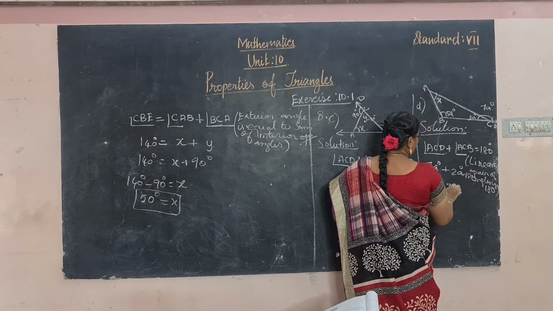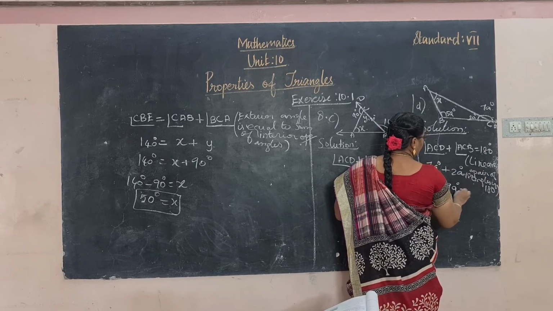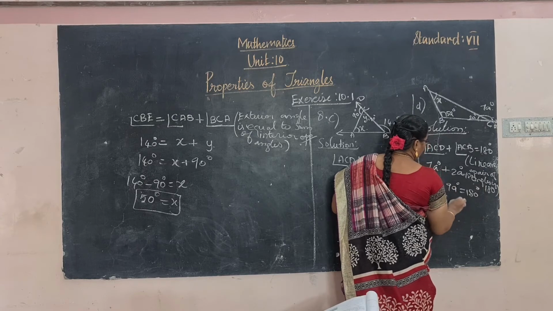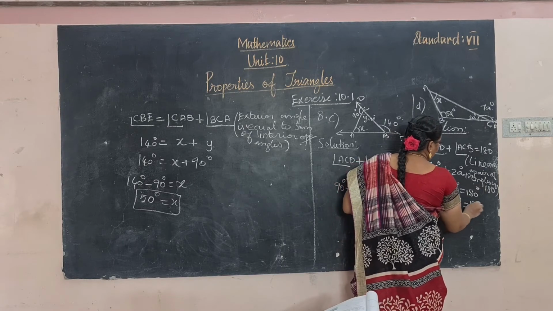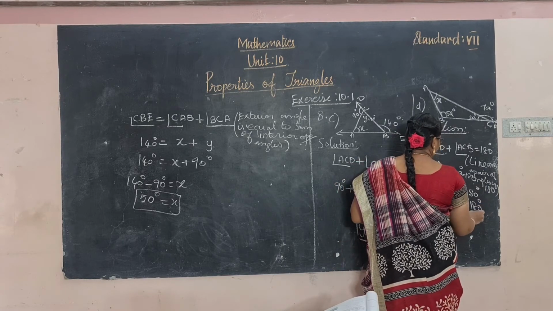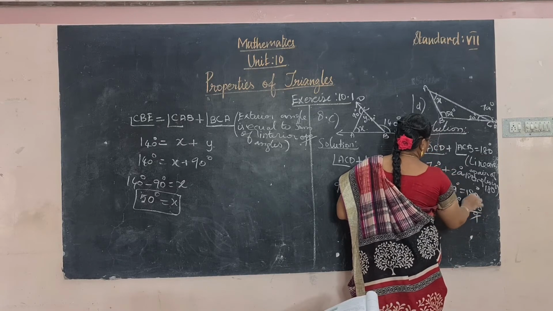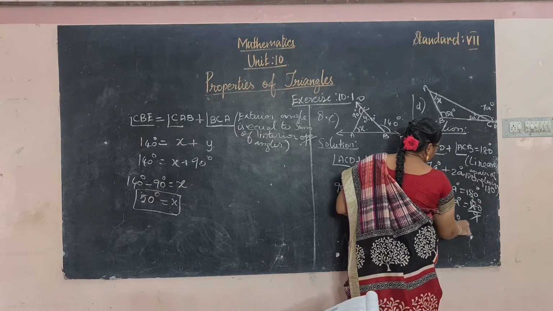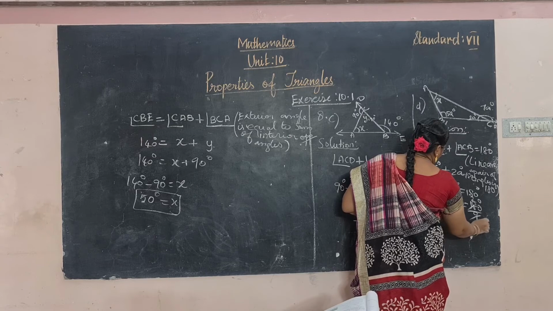So add this, 9A degree is equal to 180 degree. So A degree is equal to 180 degree divided by 9, so 20. So A is equal to 20 degree.